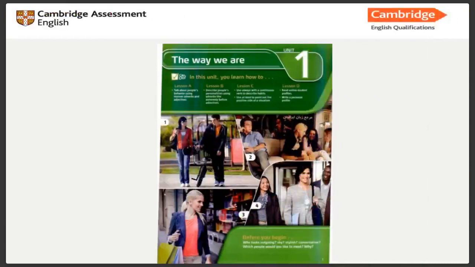Let's now look at one unit of the student's book in a little bit more detail. The title page of each unit presents the unit theme. Also the learning outcomes for every lesson, and a before you begin warm-up activity.